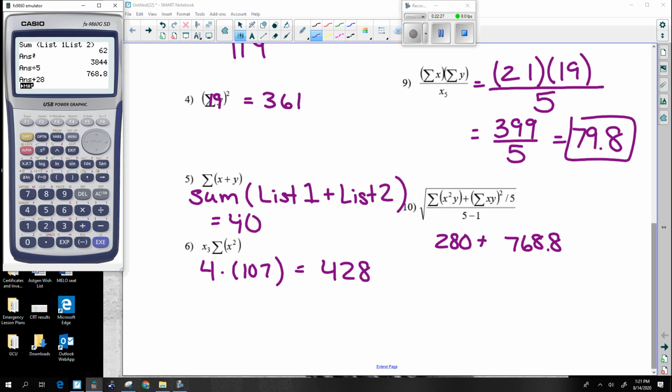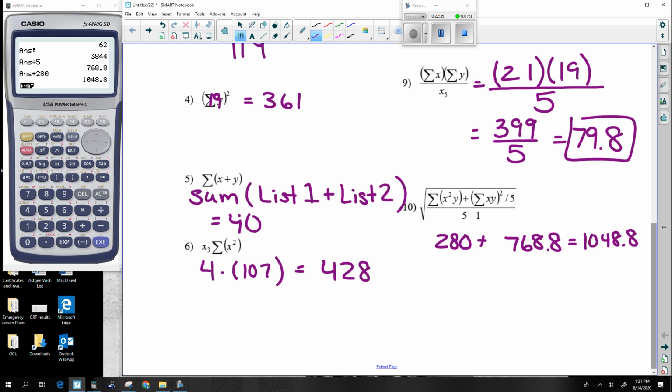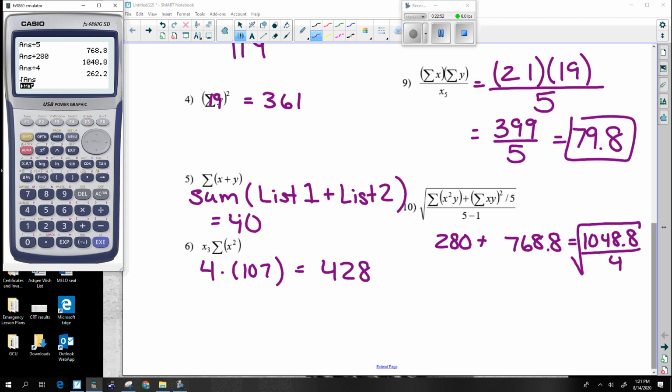Together, that is 1048.8. Okay, so what am I doing to 1048.8? Well, I'm first going to divide by 4, and then I am going to square root that. And again, here's where I use my answer.